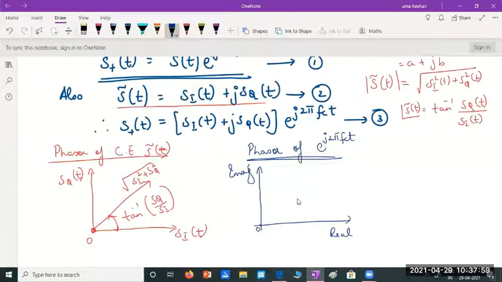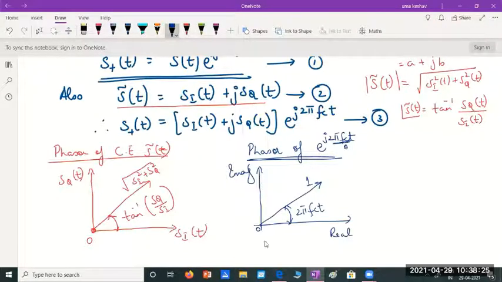This phasor is of length 1, since the magnitude of e power j theta is 1, and the angle it makes with the real axis is theta, which is 2 pi fct.